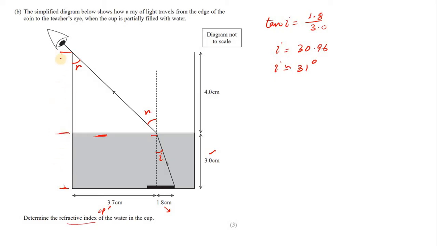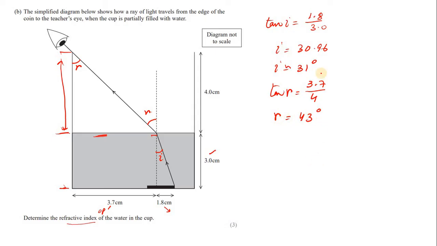Yeah, this is 4. So we can use tangent R, the refracted angle, equal to 3.7 divided by 4, and R would be equal to 42.96, which is 43 degrees.